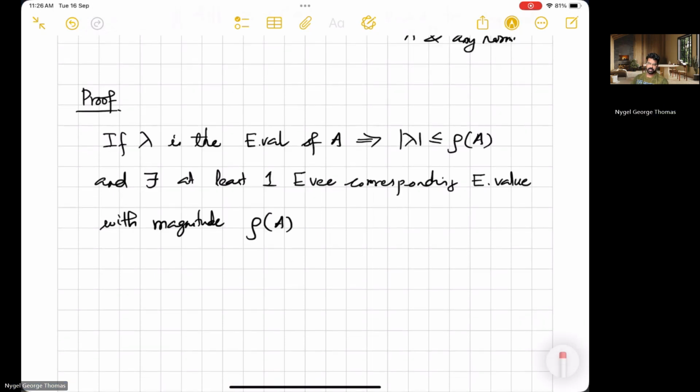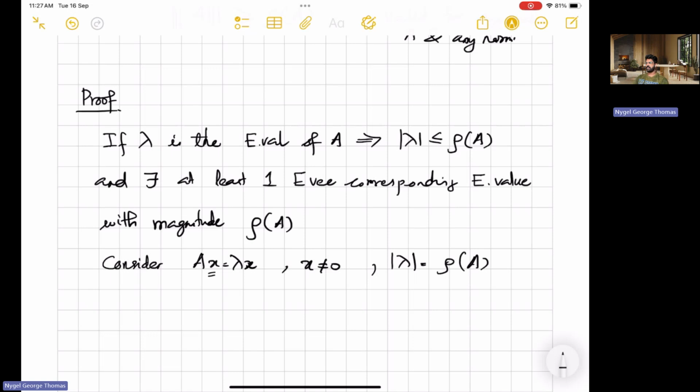Now consider Ax equal to lambda x, for all x not equal to 0. We are considering the case where the modulus of lambda is equal to rho of A, which gives the maximum, the spectral radius, and x is its corresponding eigenvector.